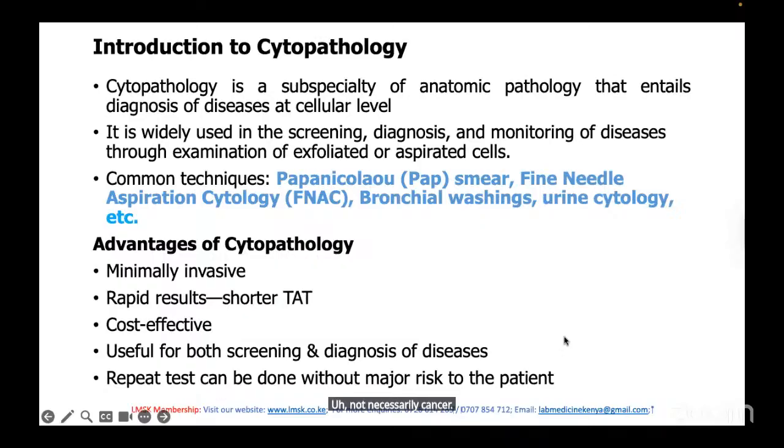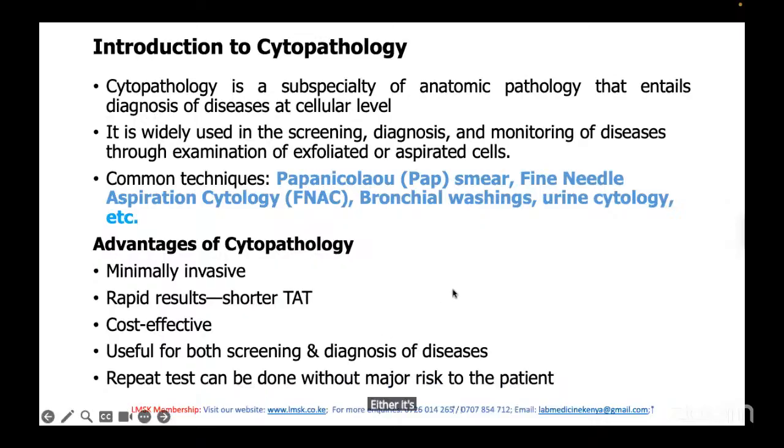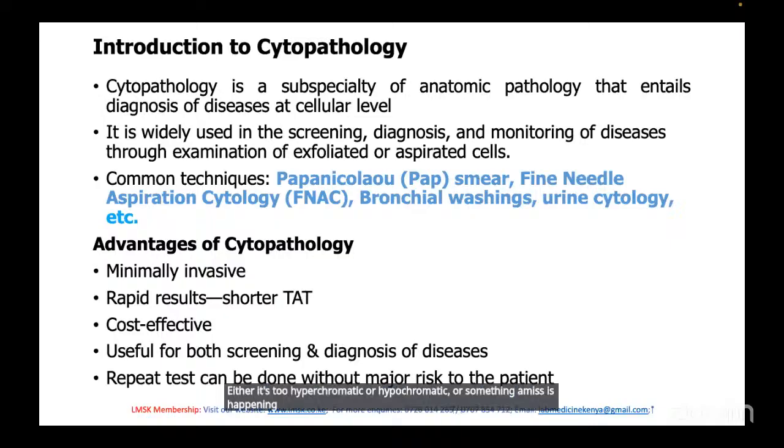The next one is that a repeat test can be done without major risk to patients. One example to explain that point is that, if you have stained a slide and you find during microscopy that you did not do it well, either it's too hyperchromatic or hypochromatic or something is amiss, you can always do what we call destaining and reprocessing.